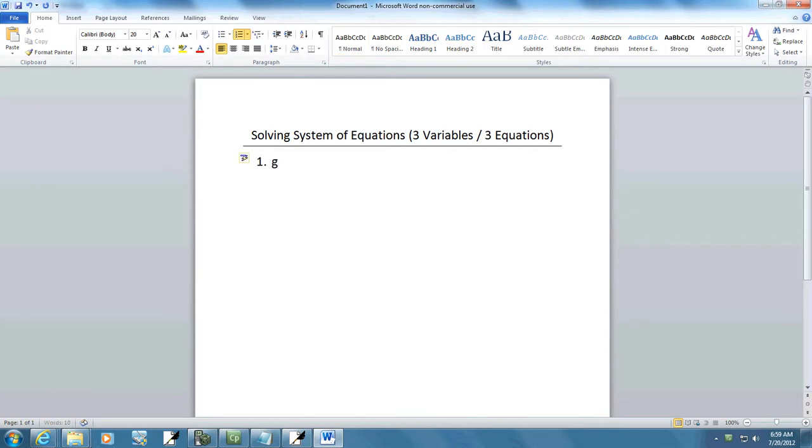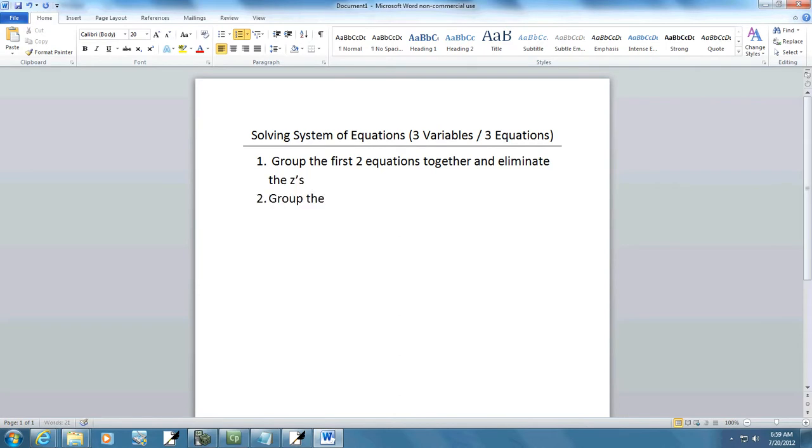Okay, step one. Group the first two equations together and eliminate the z's.